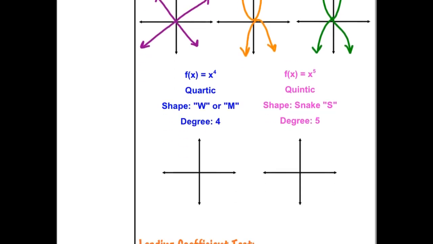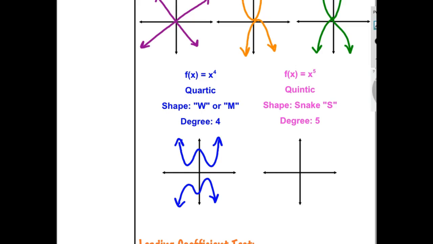Quartic is degree 4. Remember, quart, quarter, 4. So your shape is going to be either a W or it's going to be an M. And they won't always be symmetric, but we're going to draw them relatively symmetric just for the purposes of these sketches.